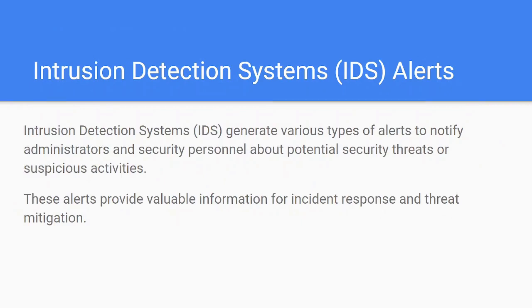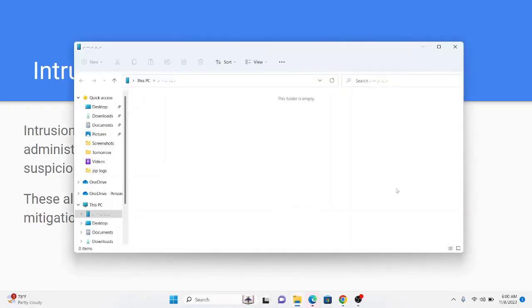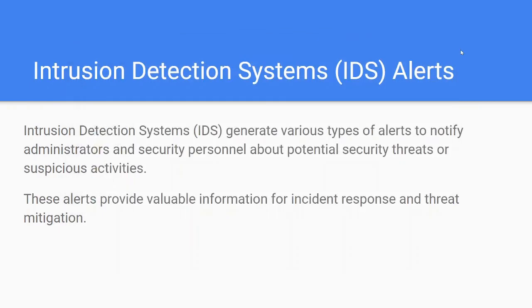So intrusion detection alerts, that's IDS alerts. The intrusion detection system has various types of alerts. It generates various types of alerts to notify the administrator and security personnel about potential security threats or suspicious activities.